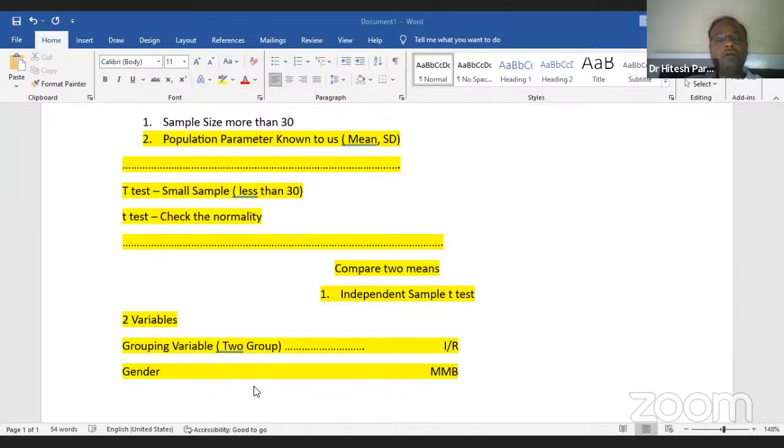First of all, the variables that you are comparing must be either interval or ratio. Gender is the independent variable.